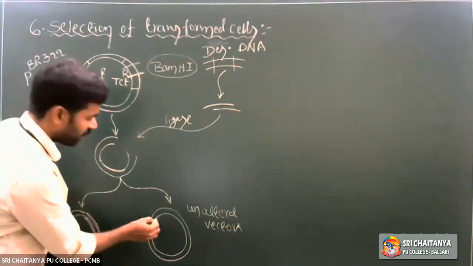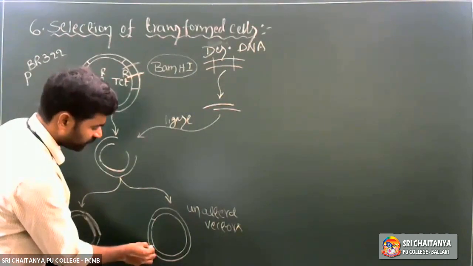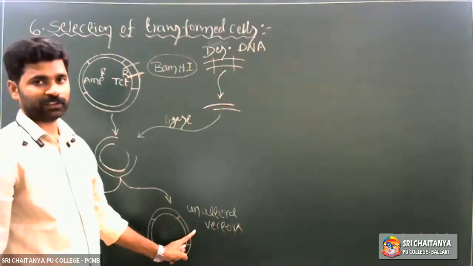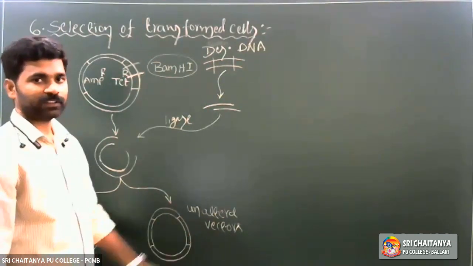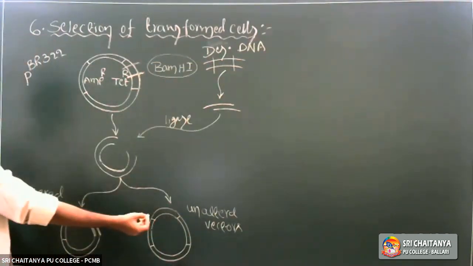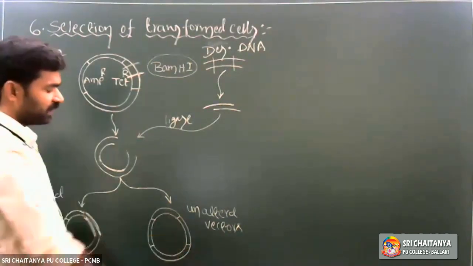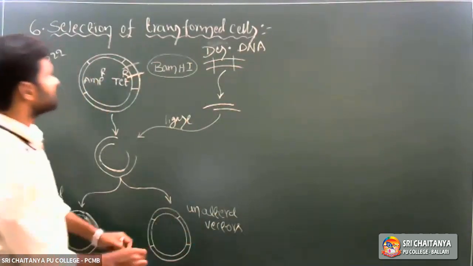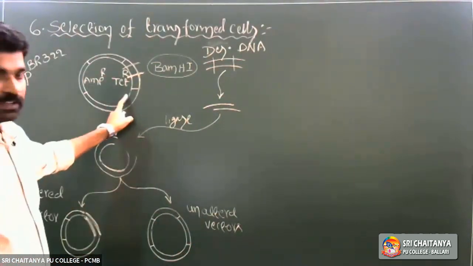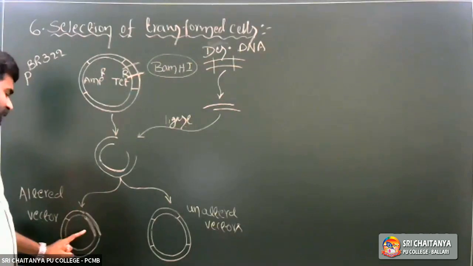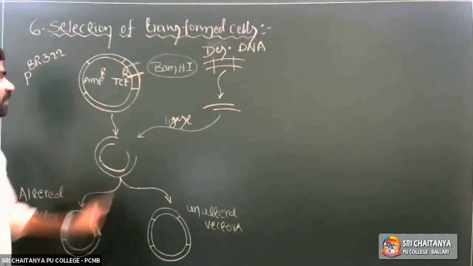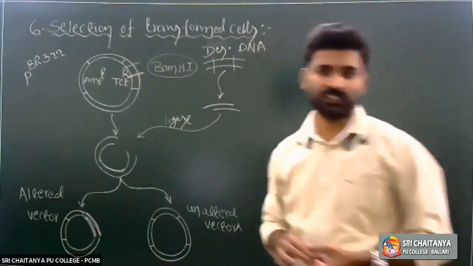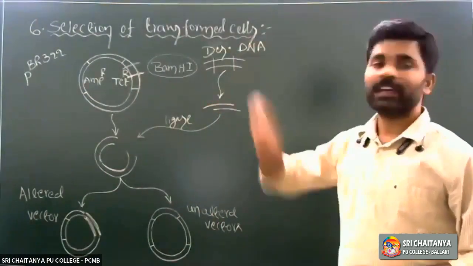But unaltered vectors are resistant to both antibiotics, ampicillin and tetracycline. Why? Because there is no insert, no foreign genetic material. It is an unaltered vector. So unaltered vectors are resistant to both, but altered vectors are resistant to only ampicillin, not tetracycline, because foreign genetic material is inserted at the place of the tetracycline resistance gene.